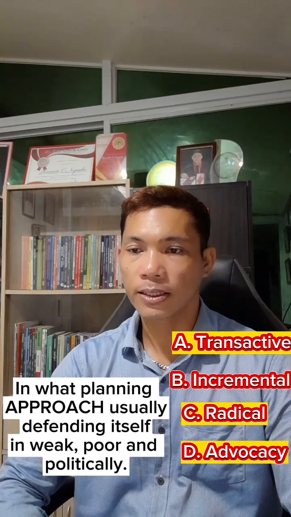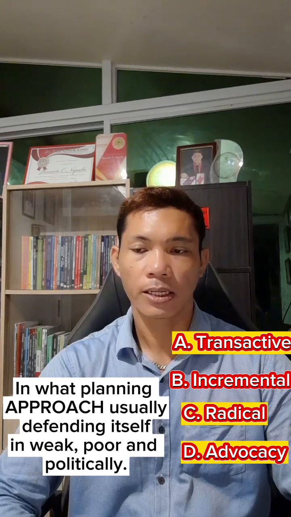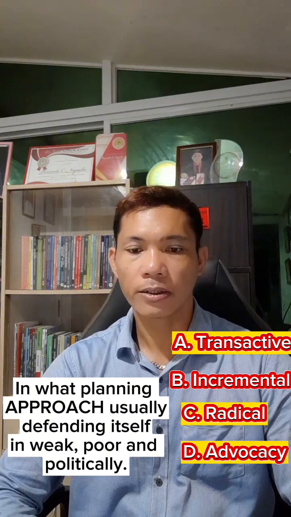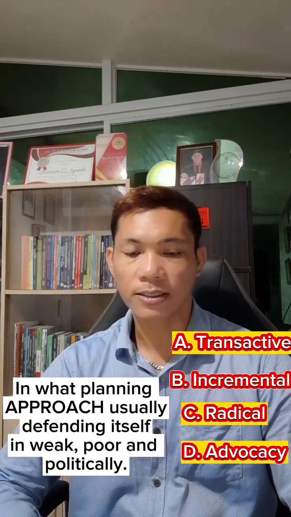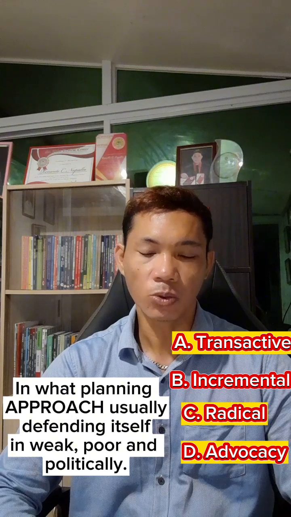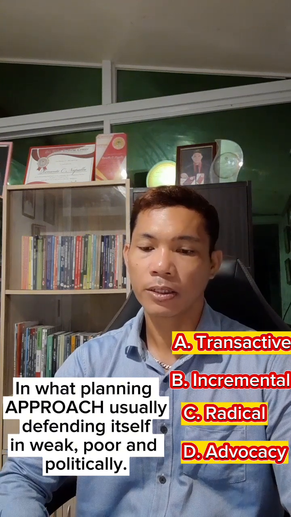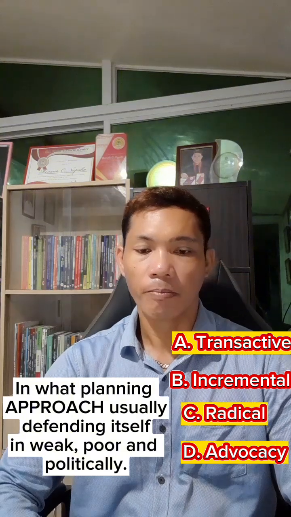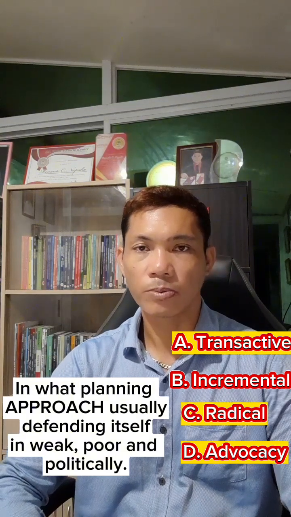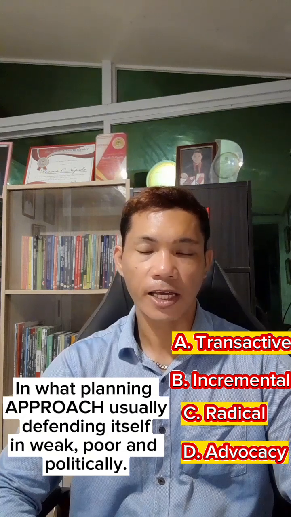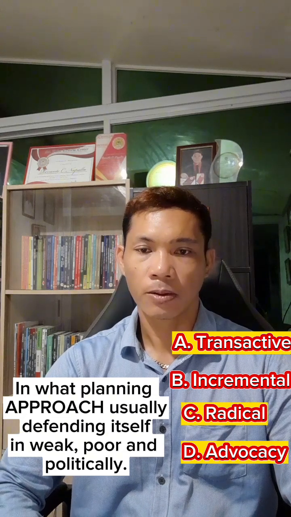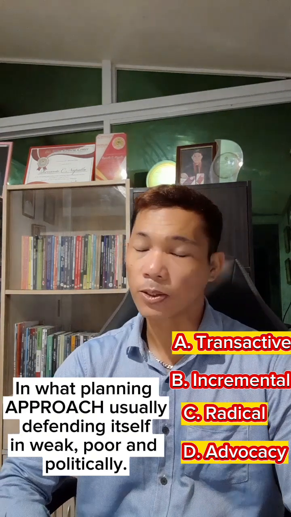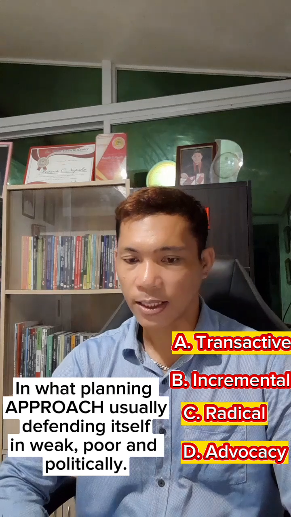Then, letter D, advocacy. Meaning to say, in advocacy planning, a planner emphasizes that the proper role of the planner is not to serve the general public interest, but rather to serve the interest of the less fortunate or less well represented groups in society.